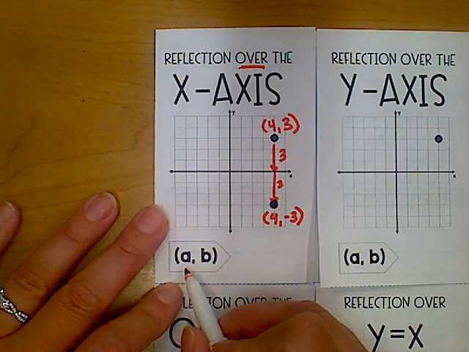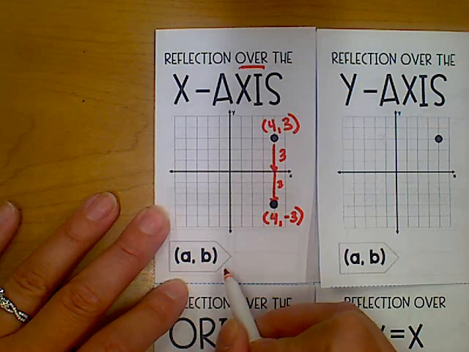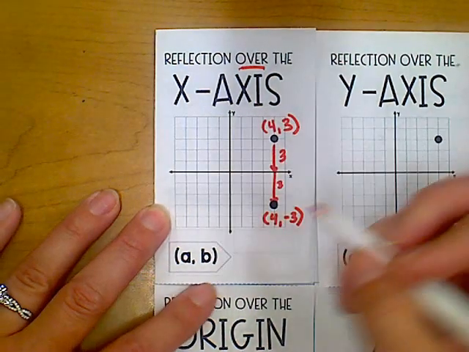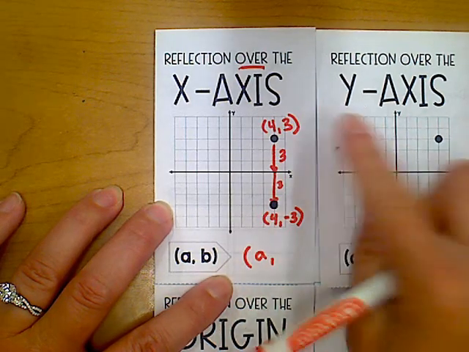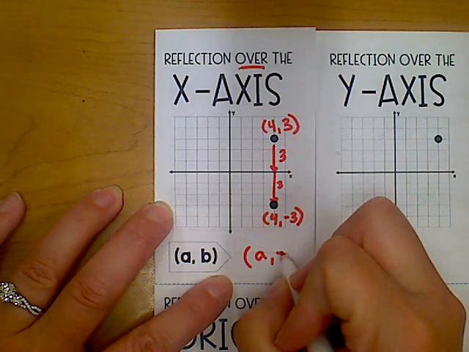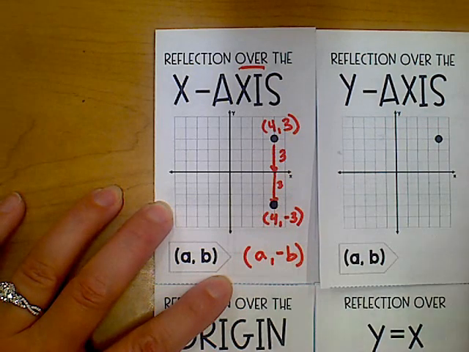So we would say for that point (A, B), once you reflect it over the x-axis, that new point is going to be at (A, the opposite of B). Your x would stay the same, and your B would go to the opposite of what B was.